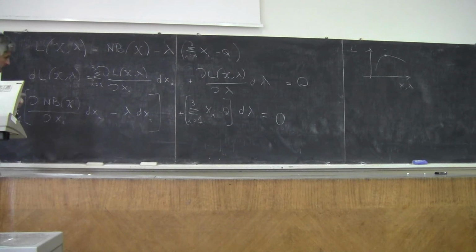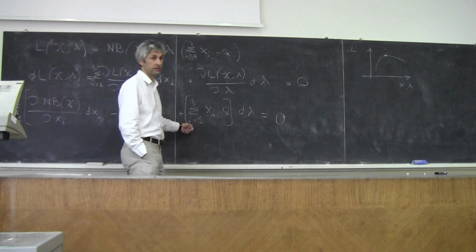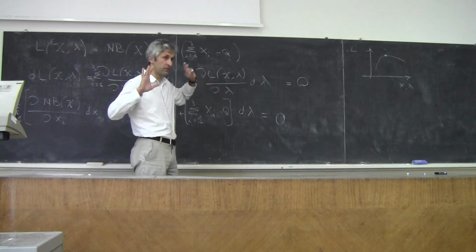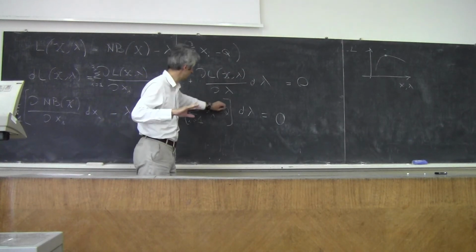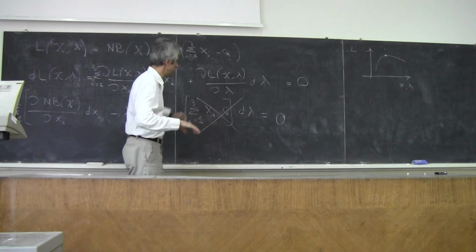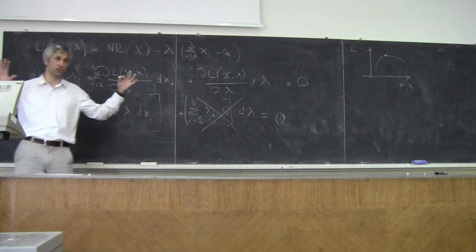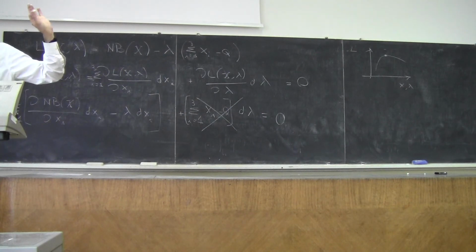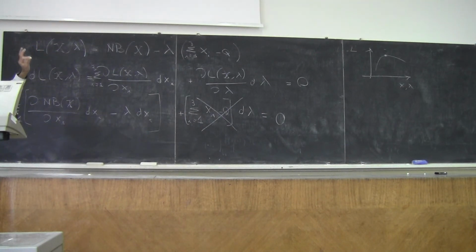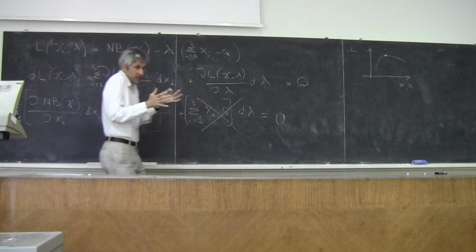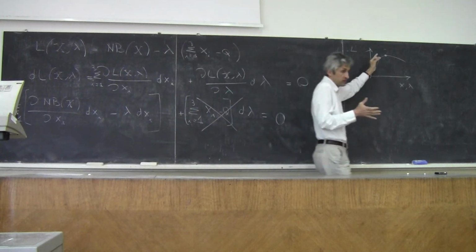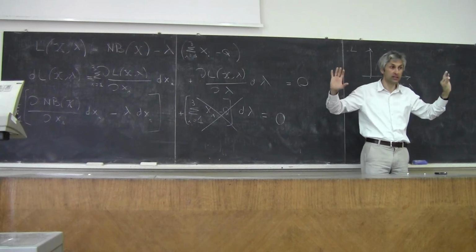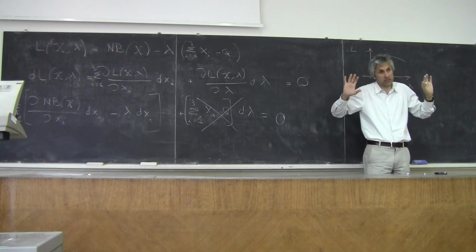Good. Now, this is the constraint. Let me assume that in correspondence of the optimum, the constraint is satisfied. Of course, you may say, who tells me that it's satisfied? Maybe not. Let's assume that it is, because this is what we want. We want the constraint to be satisfied, of course.